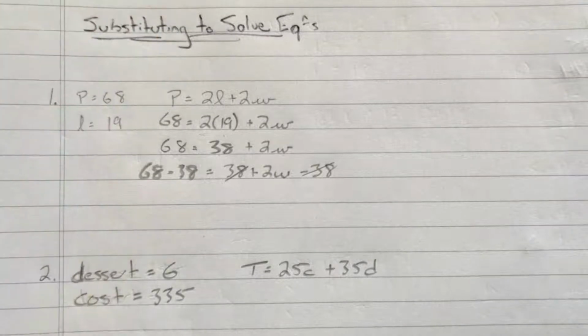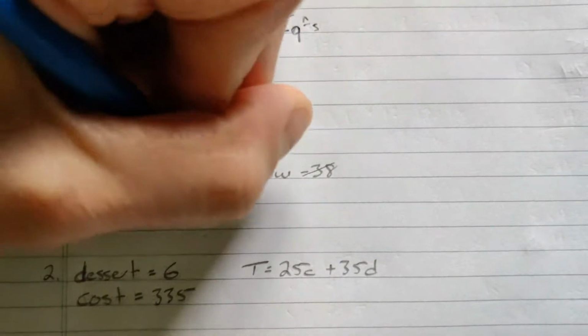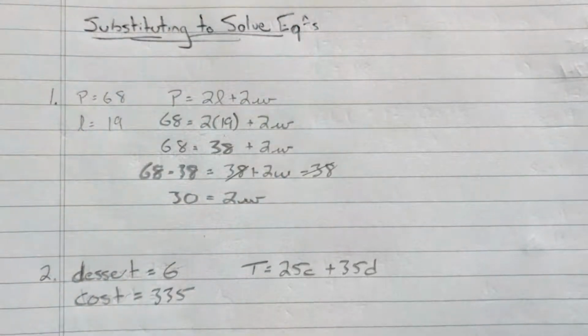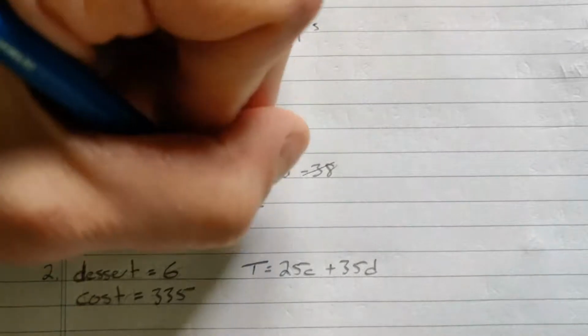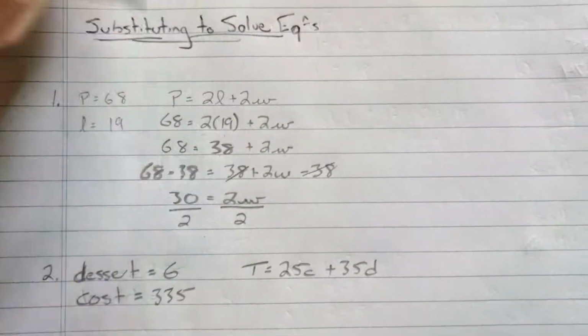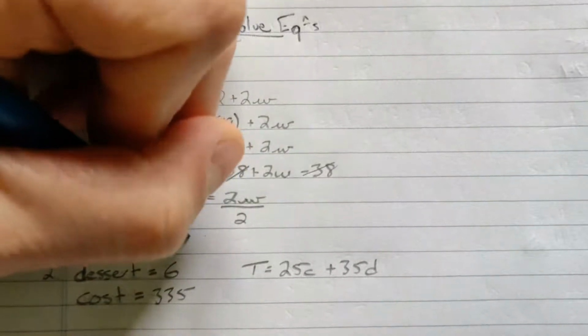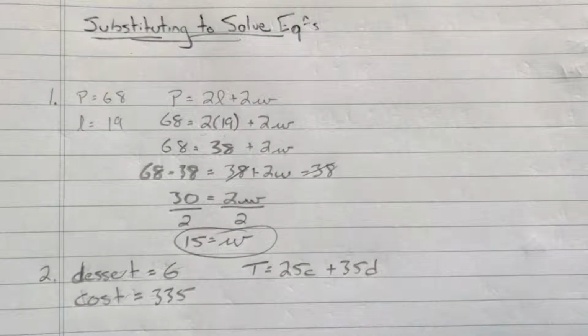And now we have 68 minus 38, which is going to give us 30 equals 2w. And now to get rid of the 2w, we divide by 2. It's 2 times w. The opposite of multiplying is dividing. So we divide both sides by 2. And we're going to end up with 15 equals w. And there is our width.